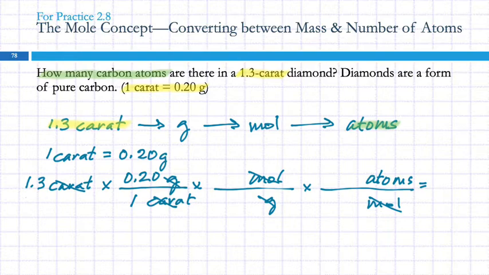Periodic table, right? Diamonds are a form of pure carbon. What's the mass of 1 mole of carbon? .01 is with 4 significant figures, and that one's going to show us 0.8, so we could use that.